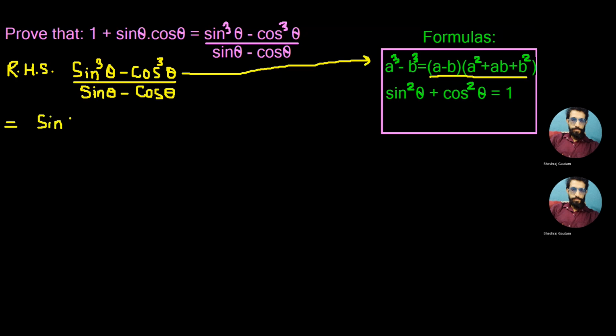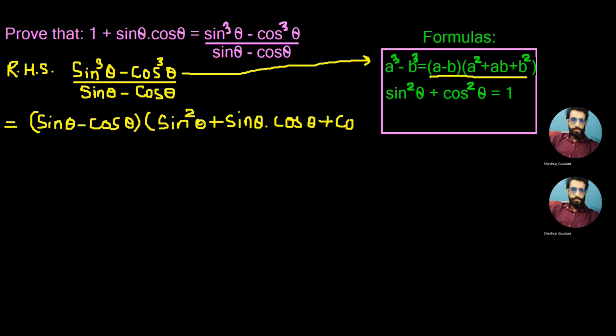We write (sin theta minus cos theta) in the first bracket in place of a minus b, and in place of a square plus ab plus b square in the formula, we can write sin square theta plus sin theta into cos theta plus cos square theta in the second bracket when we compare with the formula.